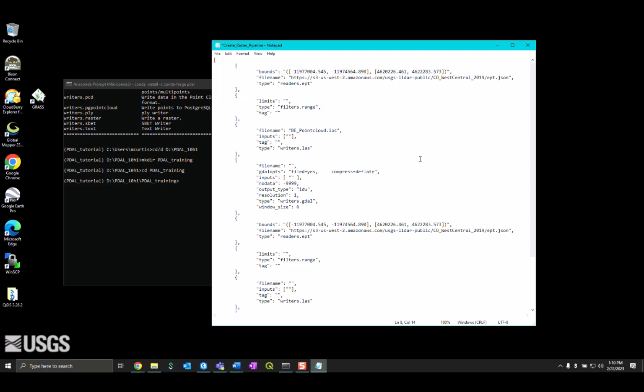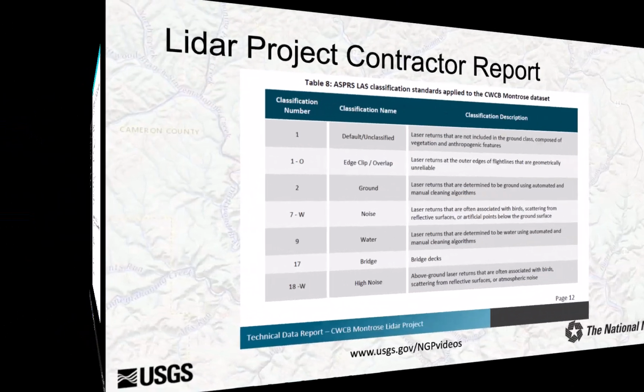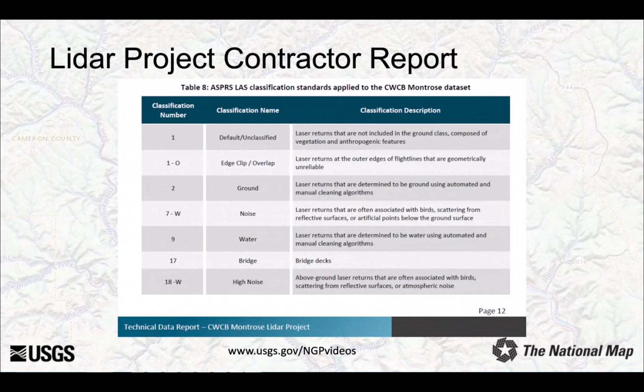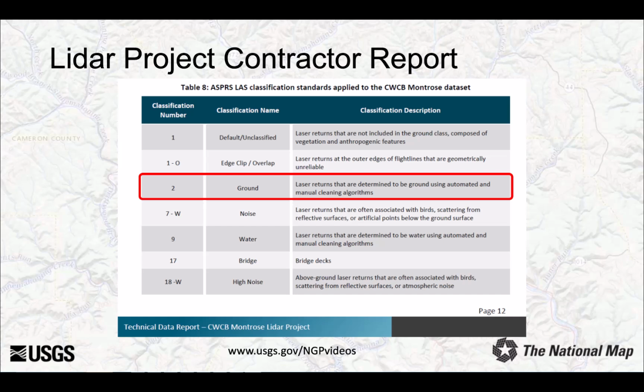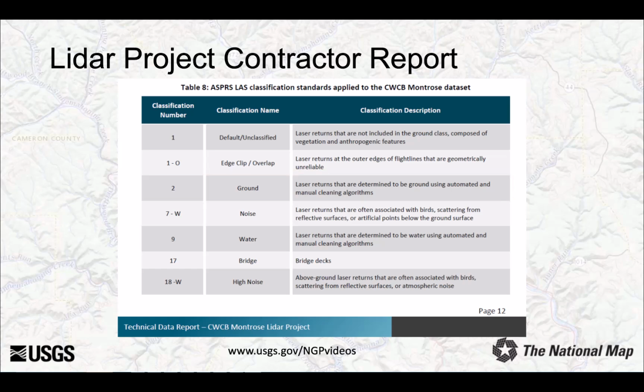For the limits parameter, type classification bracket 2:2 bracket within the quotation marks. By specifying 2:2 as the classification range for this filter, only class 2, the ground point class, will be selected and displayed.